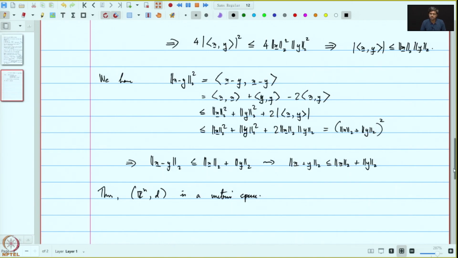Okay. So now, given a metric space, how can we use the metric to define a topology on it? So let us see that.